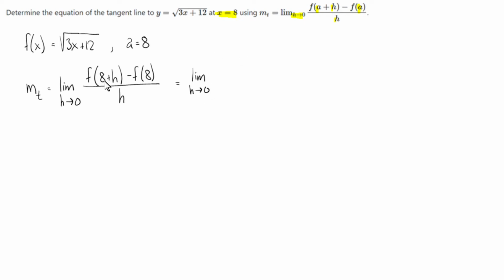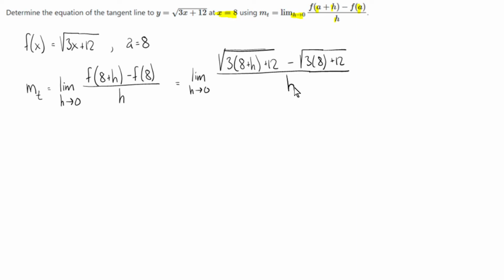We can now expand this. f of 8 plus h is going to be the square root of 3 times 8 plus h plus 12, minus f of 8, which is going to be the square root of 3 times 8 plus 12.